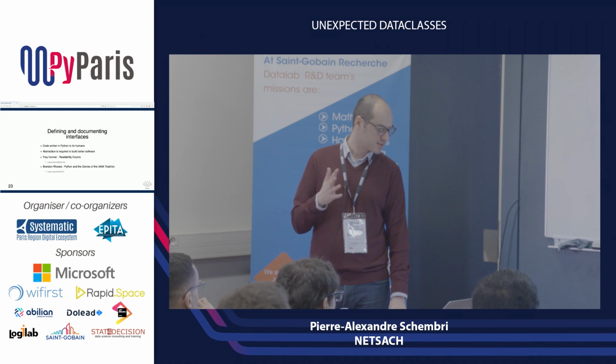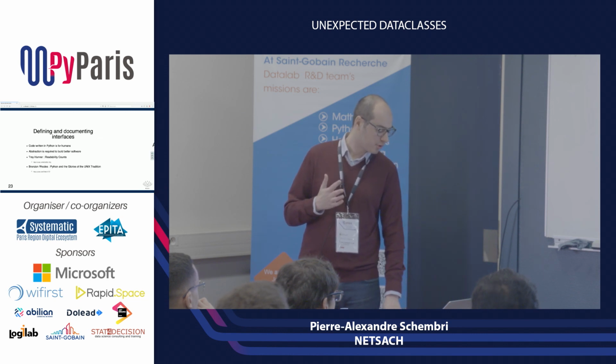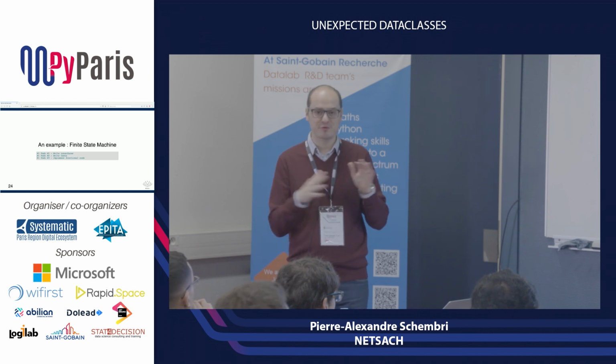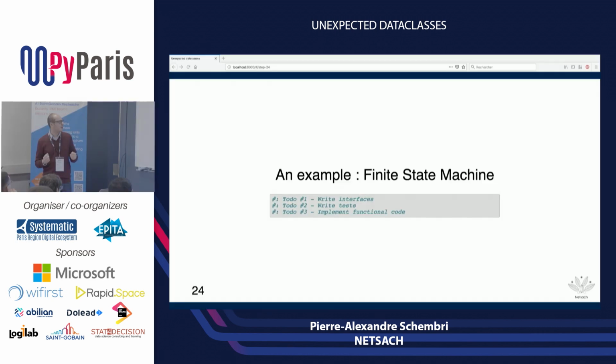So now let's see, with an example, how we could achieve that. It may not be perfect, but it's an attempt. When we write automation workflows, we often use state machines because they help us break large and complex tasks into smaller parts. How would we define an interface for a state machine platform?